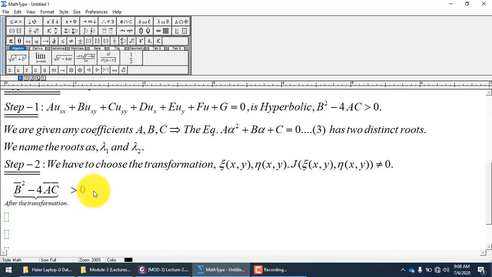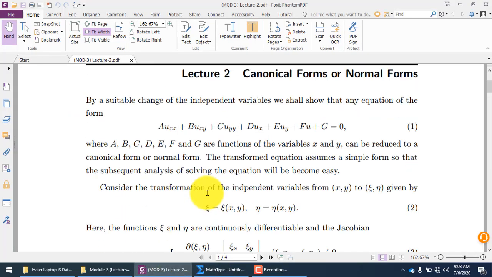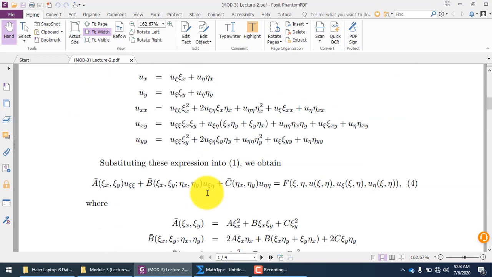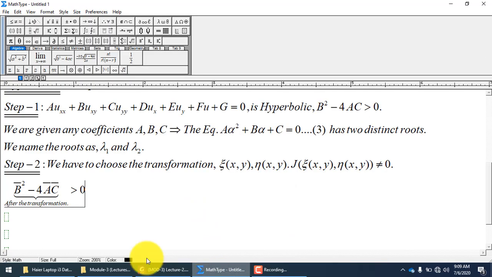Now what are the expressions for b bar, a bar and c bar? You have to go back and observe the expressions for a bar, b bar and c bar. You have to take care that this should be positive. In what ways this can be positive actually gives you the idea how you can select xi and eta.